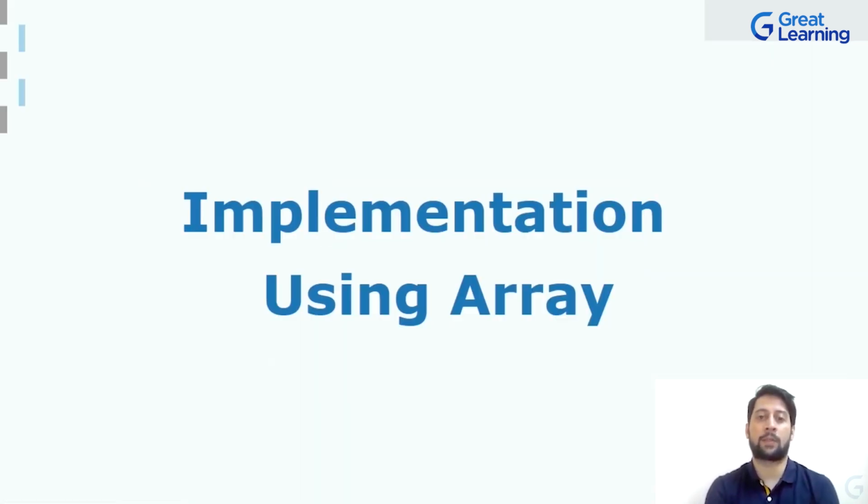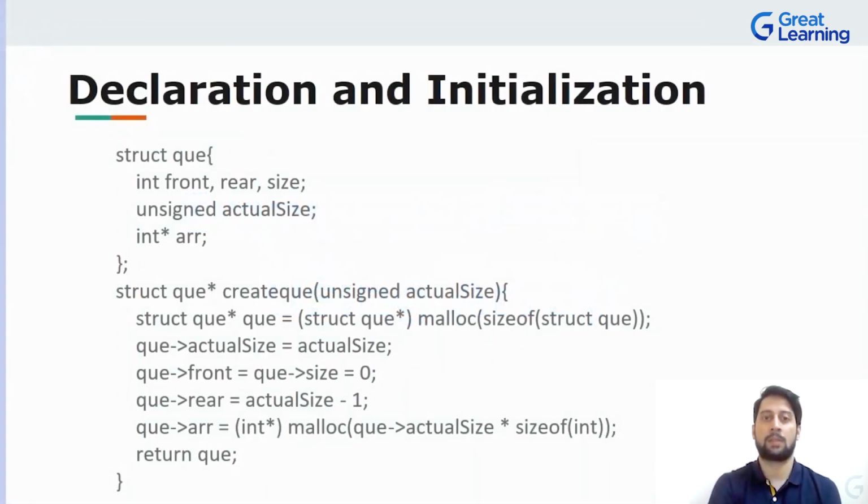Now let's try to implement a queue using arrays. Let's first see the declaration and initialization using arrays. We have defined a structure here and named it queue. In this structure, we have three data members of type integer. First is front, for keeping track of the front, from which we will delete our elements.